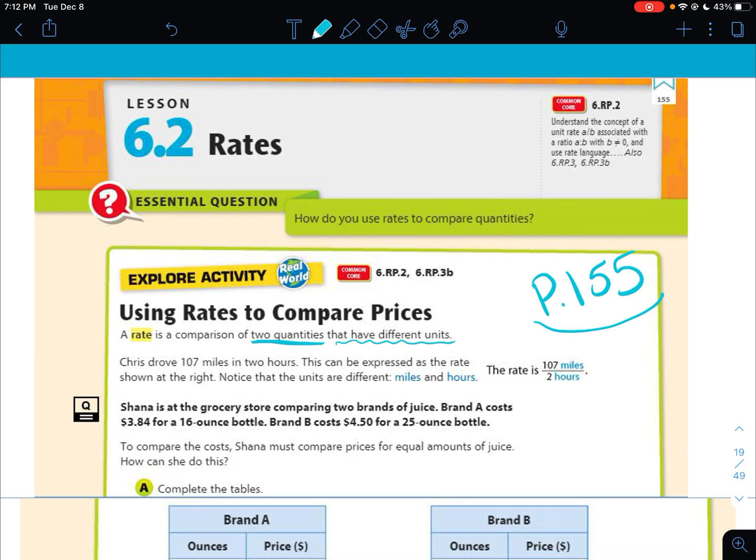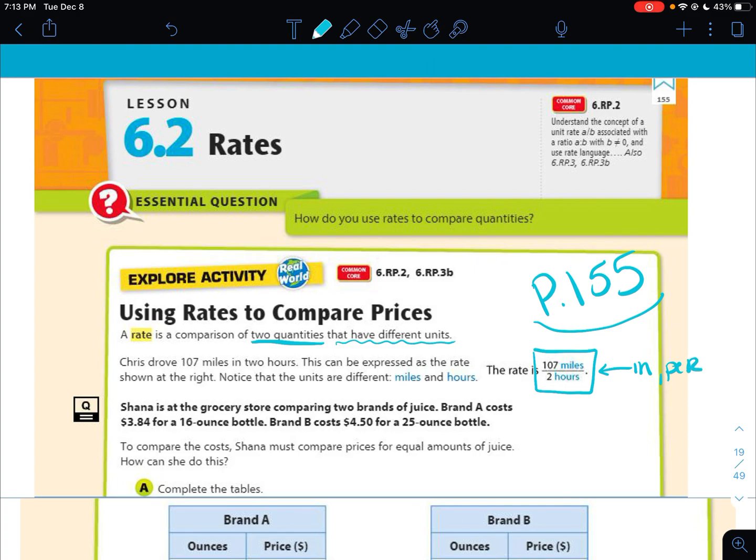This can be expressed as a rate shown to the right. Notice it looks just like a ratio, how they stack it kind of like a fraction, but they include the labels now. So instead of it being 107 to 2, they actually include the units. And usually the line in a rate means the word like in or per.